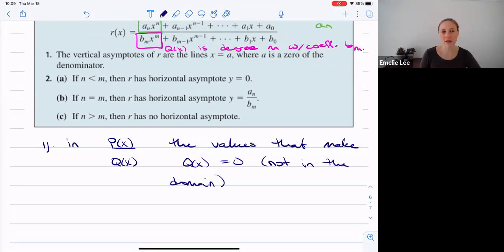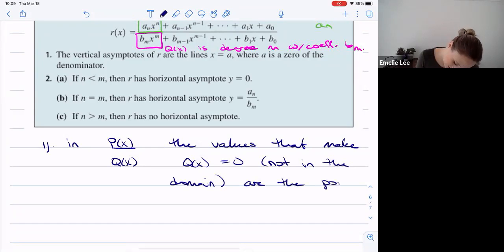So the values that make q of x equal to 0 are the points where we have vertical asymptotes.